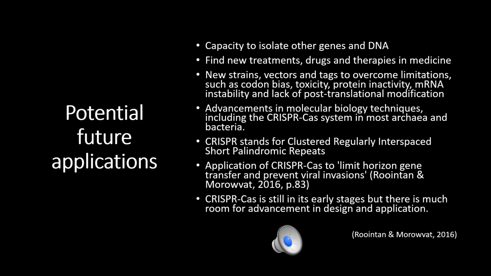Applications of this technique are to limit horizontal gene transfer and prevent viral invasions. Using this method, researchers can easily make changes, including additions, eliminations, or alterations, in specific genetic elements of any cell type and organism. Applying this system is still in its infancy, but there are growing trends in its design and application in genome and metabolic engineering.